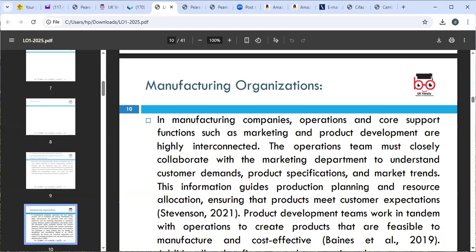Those products may have the budget allocated for each product. So the marketing department should be able to work closely with operations. Even the packaging department should be able to determine how many packages will be made available for a product to be packaged, okay?